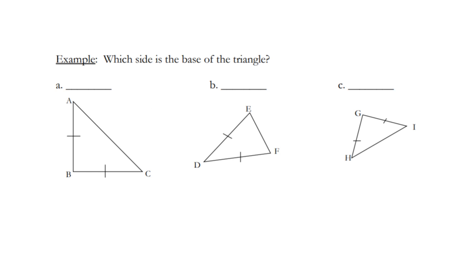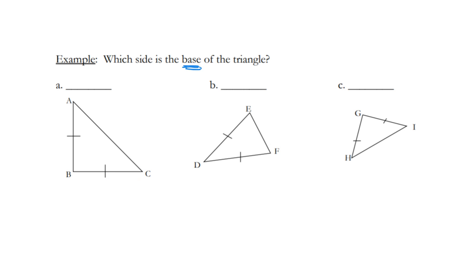Okay, so on this set of practice problems, I just want to make sure that you know which segment or side of the triangle is the base, because there's often trouble naming the base if a triangle looks like this. And this is something you need to think about this unit as well as several other chapters in this year. So keep this in mind. Just because this is at the bottom doesn't make it the base.